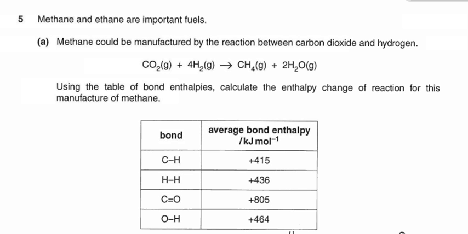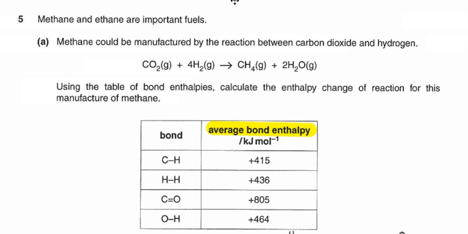We start off here, methane manufactured by carbon dioxide and hydrogen, and producing water as well. It wants you to find the enthalpy change of the reaction, so what the enthalpy change is here for this reaction is using bond enthalpy.